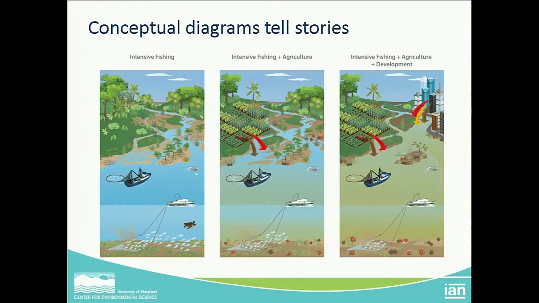For instance, this conceptual diagram, as we call it, tells a story about the cumulative impacts of fishing, agriculture and development if left unmanaged. It doesn't take a lot of words. You don't need a lot of text to explain this story. And we firmly believe that through the symbology and the creation of these diagrams, we can overcome language barriers and cultural barriers and convey a lot of information very quickly.